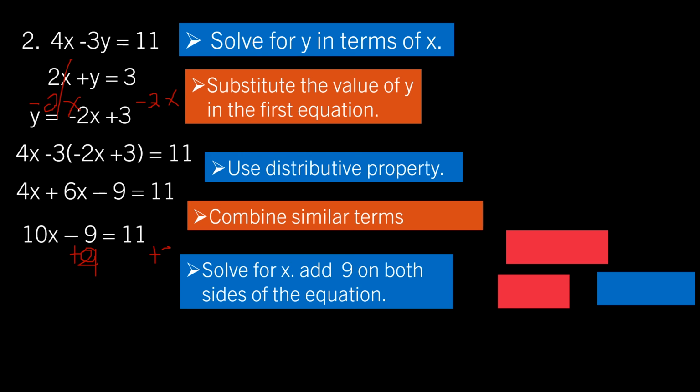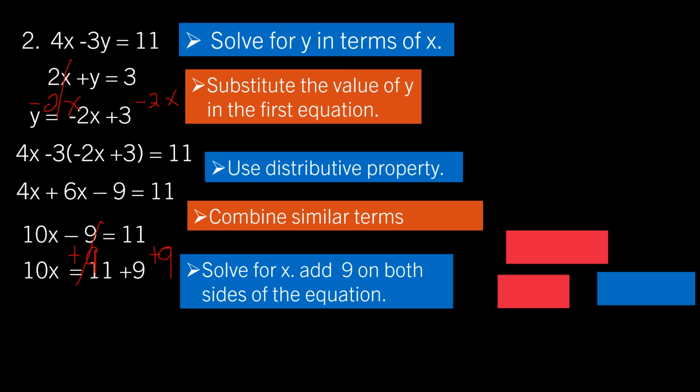Okay, sorry about that. So that is adding 9 on both sides of the equation. Okay, so this is 0. So what we have now is 10x is equal to 11 plus 9 on the other side.